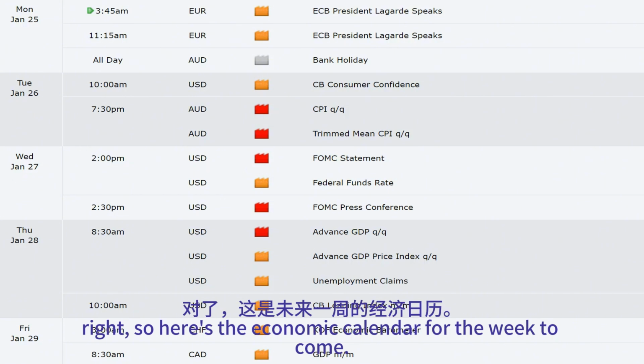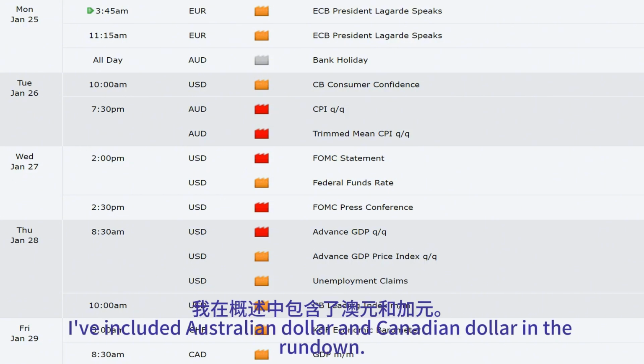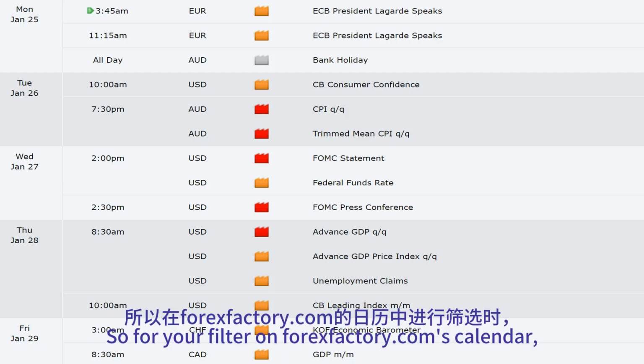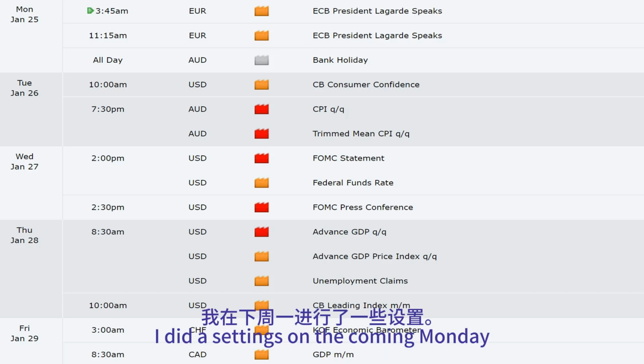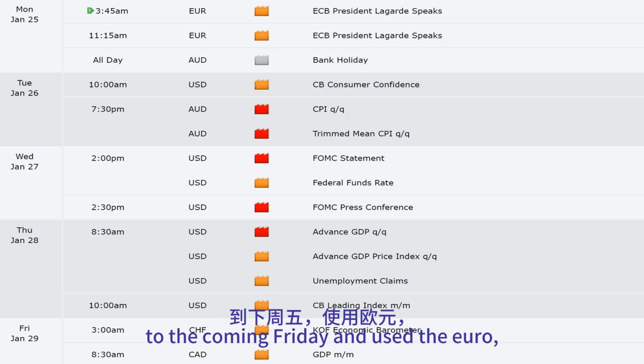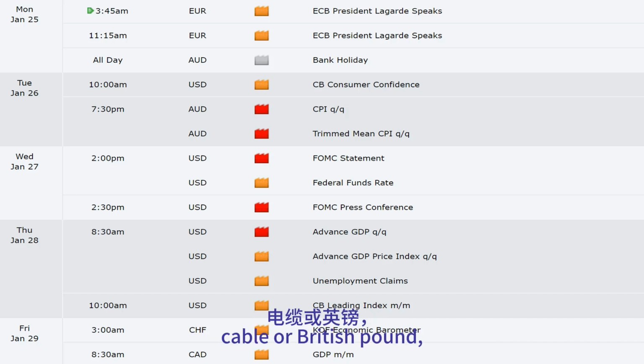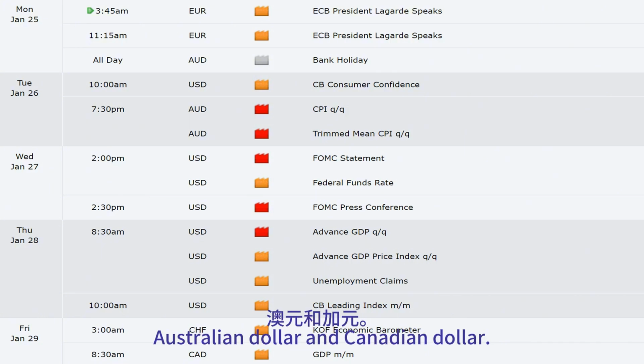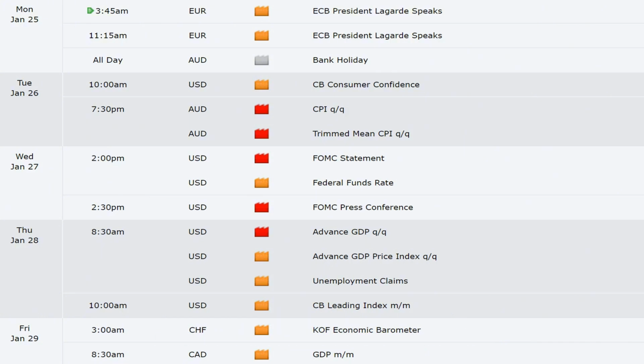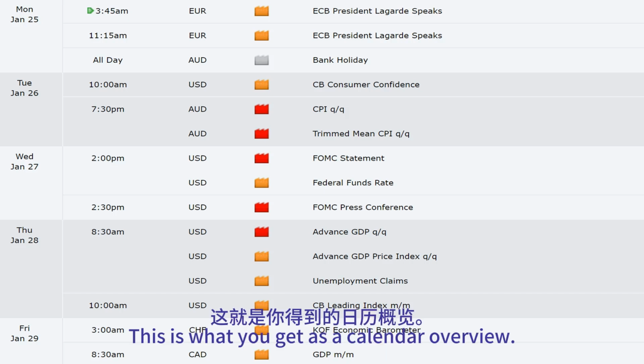All right, so here's the economic calendar for the week to come. I've included Australian dollar and Canadian dollar in the rundown. For your filter on forexfactory.com's calendar, I set it from the coming Monday to the coming Friday, and used the euro, cable or British pound, the dollar, Australian dollar, and Canadian dollar. This is what you get as a calendar overview.